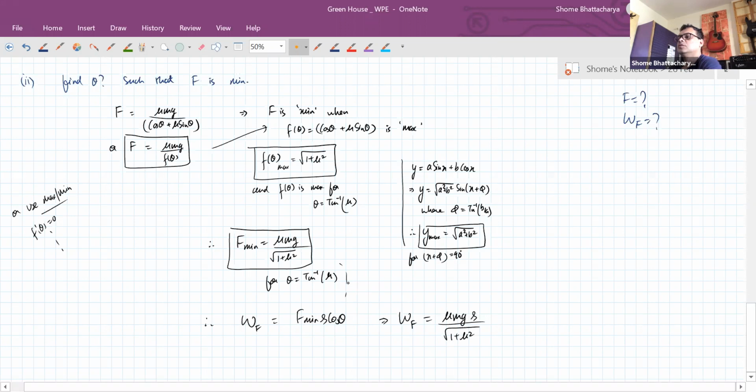Now here theta is equal to tan inverse mu. That means tan theta is equal to mu, which means cos theta will be equal to 1 upon square root 1 plus mu square.